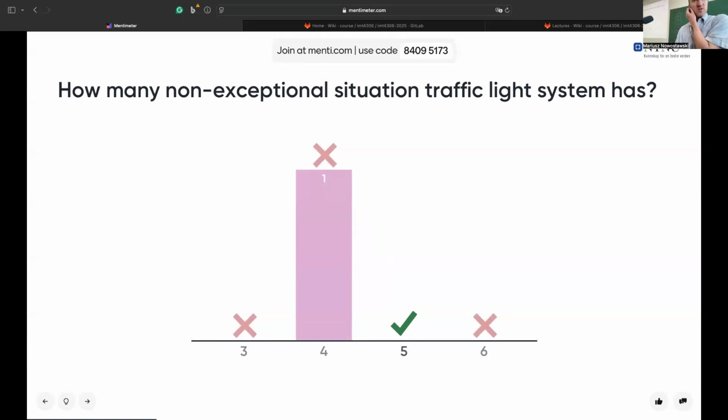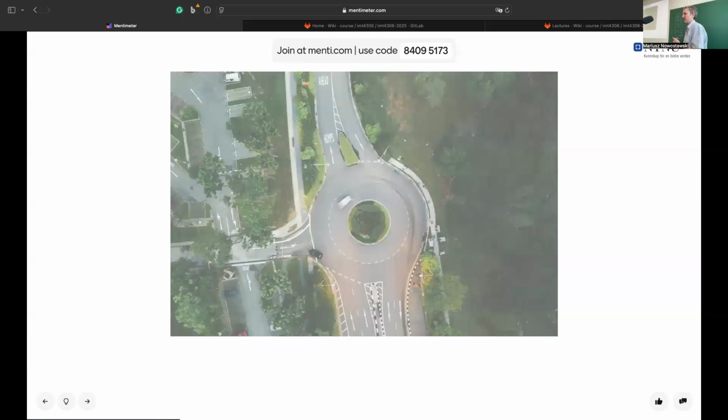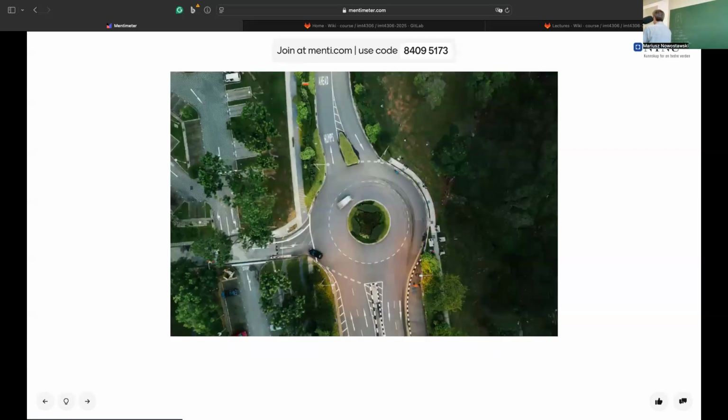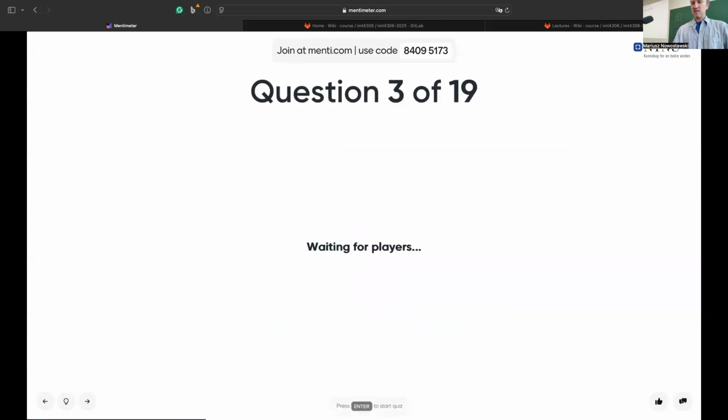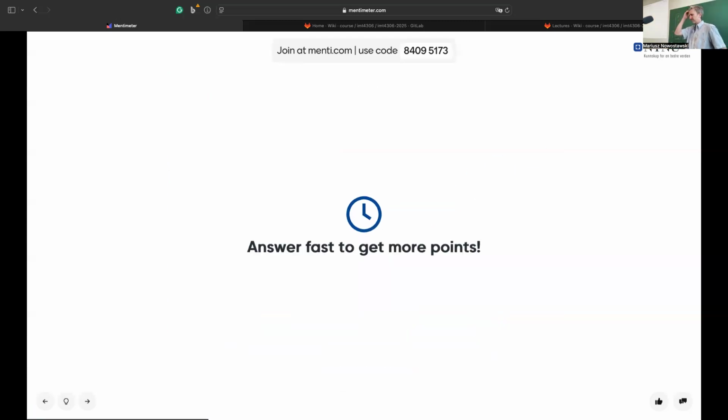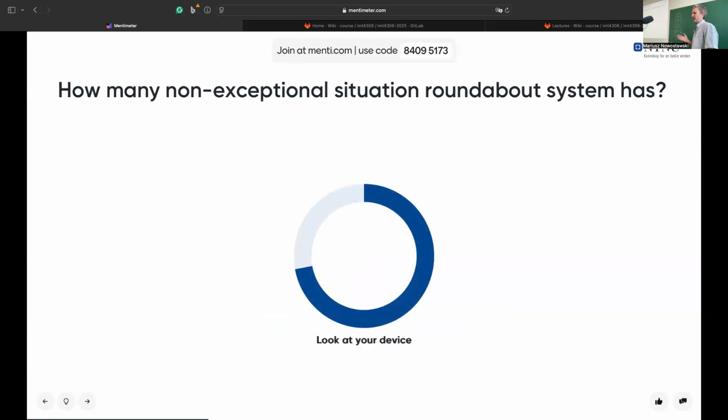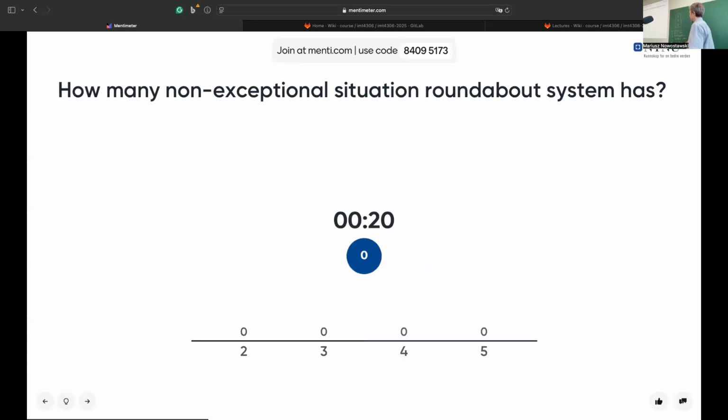All right, so let's consider a roundabout. Now you are approaching a roundabout, and how many different states do you have to deal with? We are thinking about non-exceptional situations.